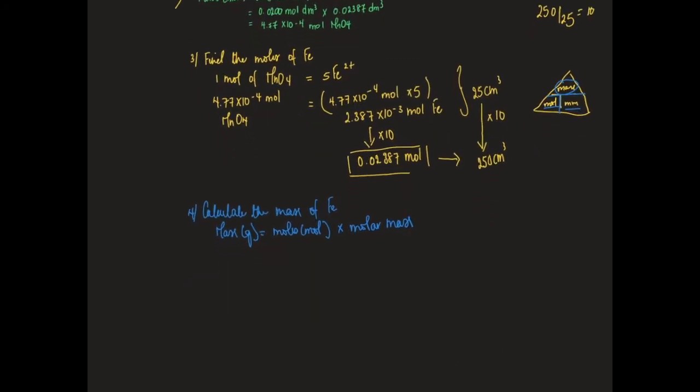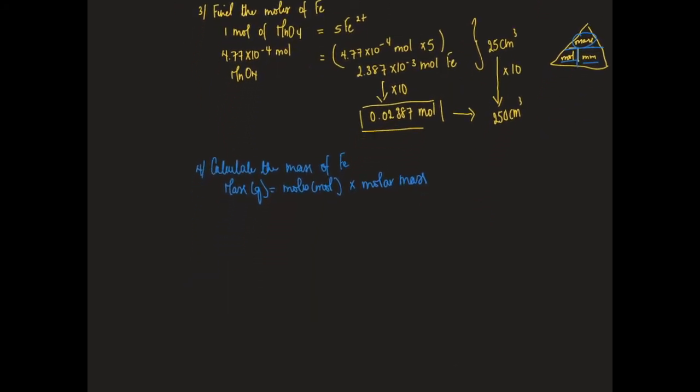Going to move that up a bit. So the moles are 0.02387 mole, and the molar mass of iron is 55.8 grams per mole. And moles are cancelled out. We're left with grams, and then we get 1.332 grams. But the question doesn't stop there.